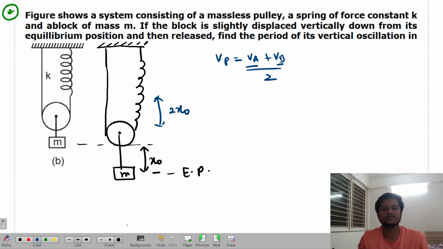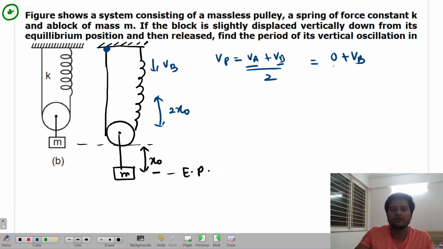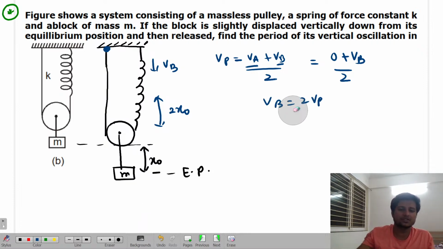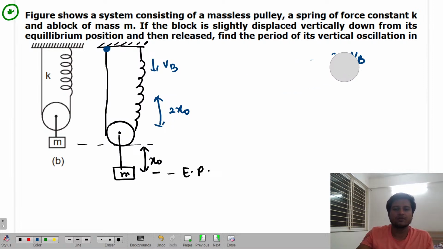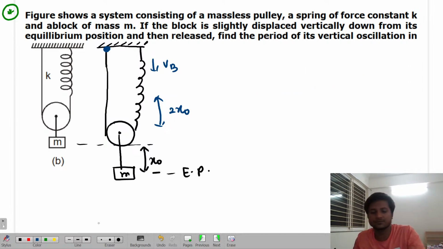How much is that? Look over there, this point is fixed or not, its velocity is how much, 0, so v of b, मान लो ये v of b है, divided by 2. So v of b is equal to twice v of pulley. That means अगर pulley x naught distance चला, the spring will be traveling how much distance? Twice of x naught. How much it need to be traveling?